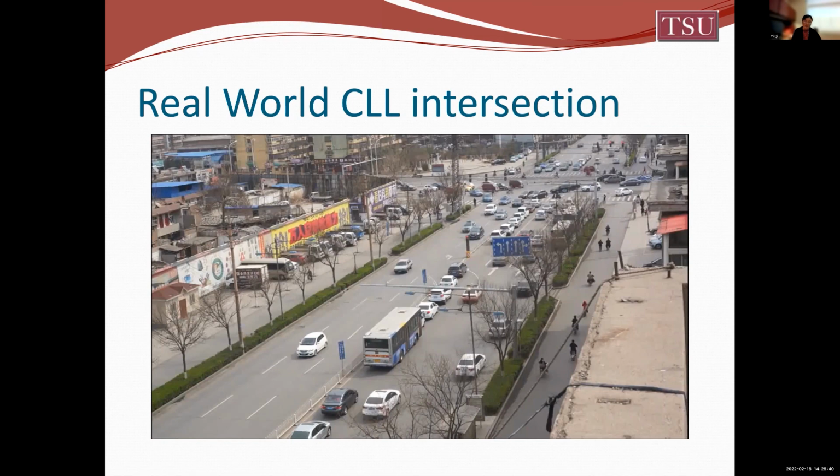Let's think about how we use sensors and detectors to make sure all the vehicles in the left-turn lane are cleared before we release the conflicting traffic. So I think we can think about how to use technology to make sure it is 100% safe to use this kind of new design.